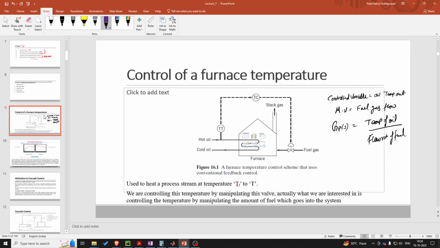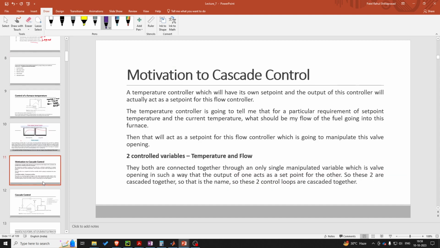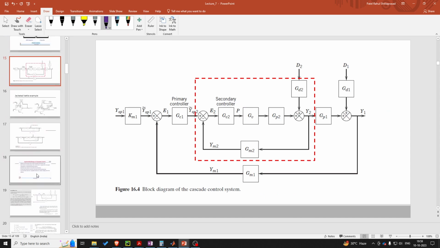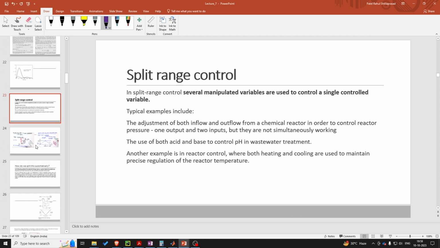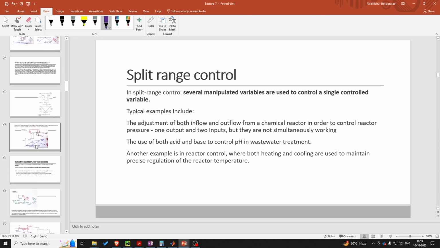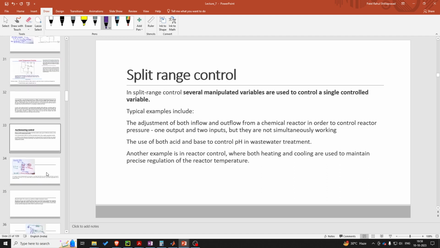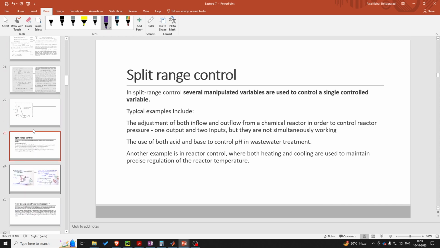We will start with control of the furnace reactor, where I'll demonstrate cascade control, and later we will study different examples of cascade control. Then we'll move on to split range control, and then different kinds of selective controllers. In that we will study override control, and then we can discuss auctioneering control. So let's start with cascade control.